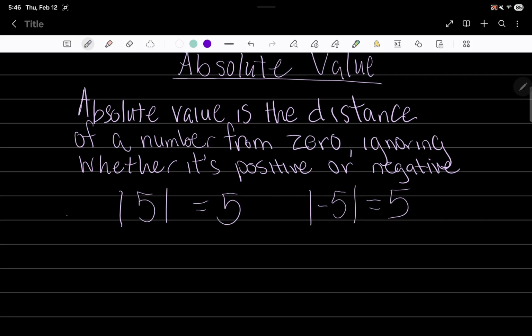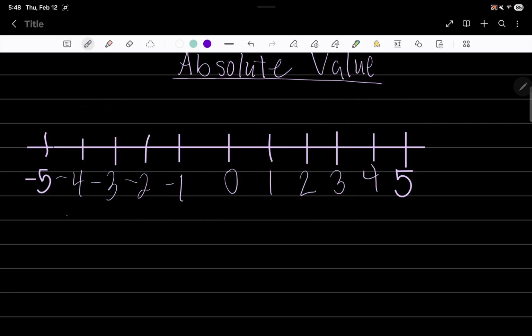So now let's look at this on a number line. Okay, so looking at our number line, we have negative values and we also have positive values. But what we want to do here is look at the absolute value. So if we go 1, 2, 3, 4, 5, this is 5 points away from 0.